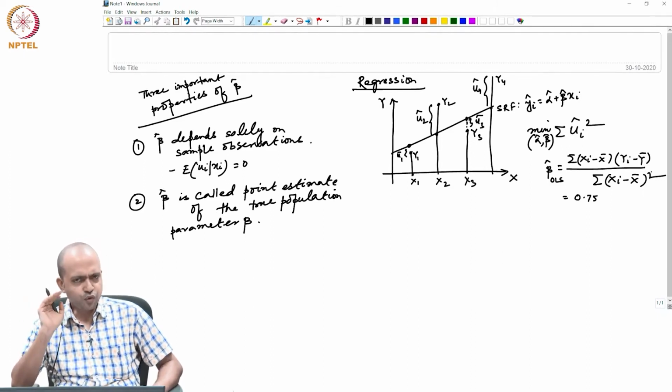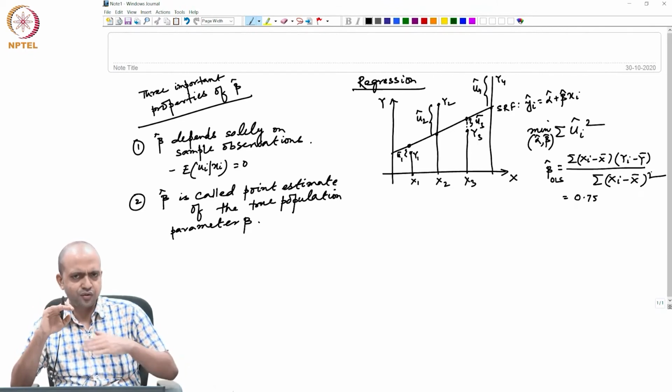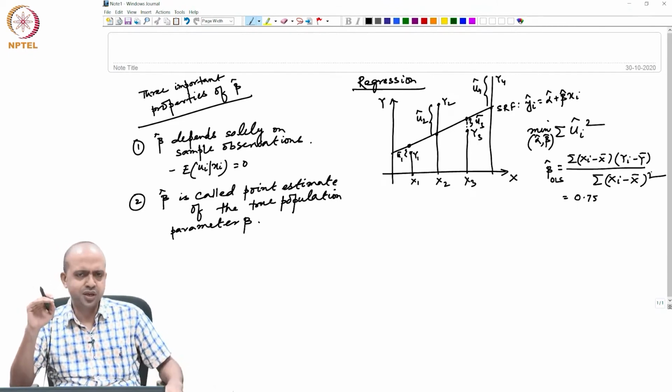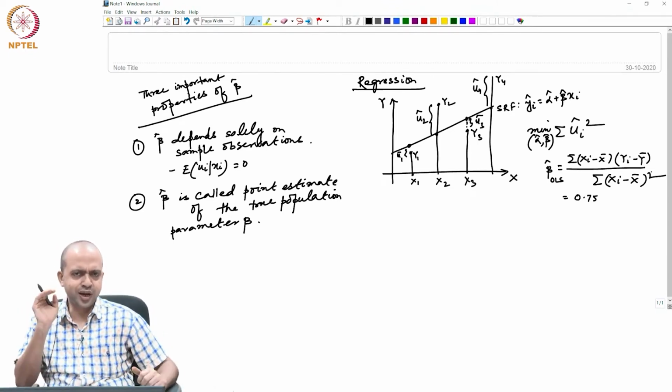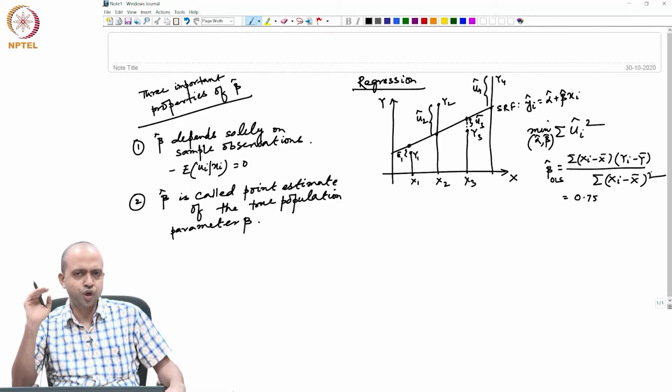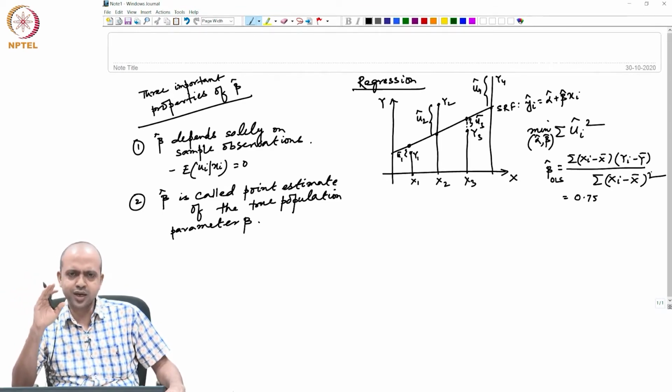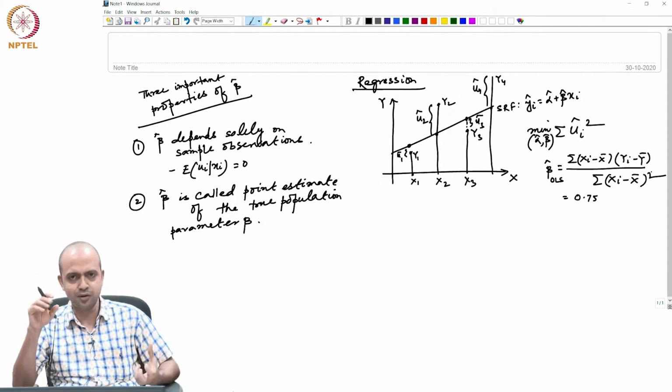Now, we are using the point estimate for inference making. That means, in our entire econometric analysis, we are trying to infer or guess something about the true population parameter beta. That means, we are trying to understand the consumption behavior of the population using a sample.